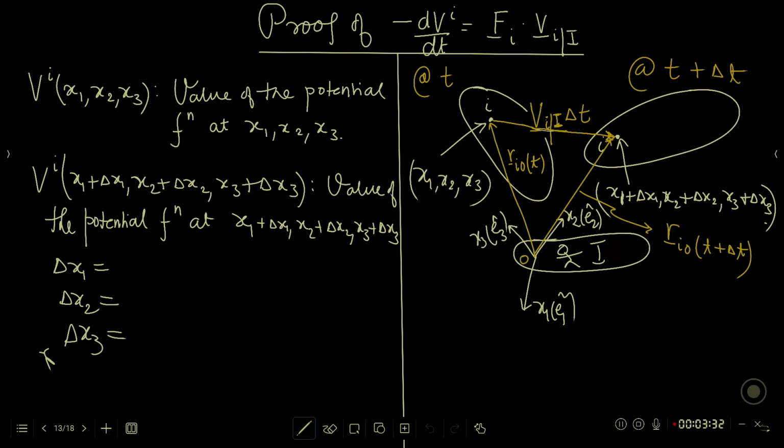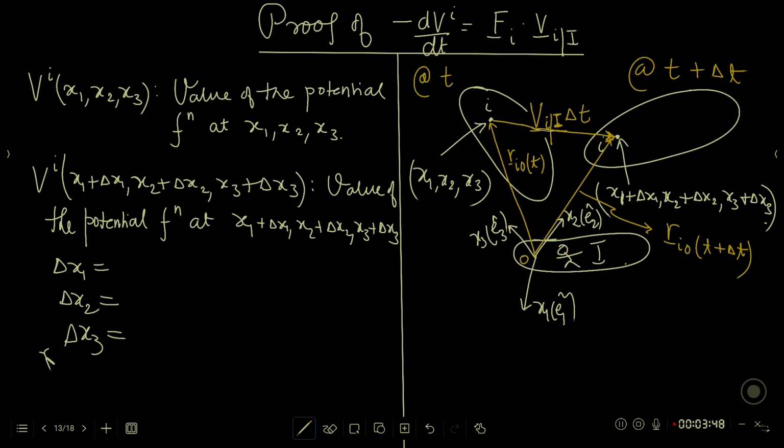I have a figure here. Let's try to understand what I'm trying to explain here. There is a reference frame I, there is a coordinate system shown here.